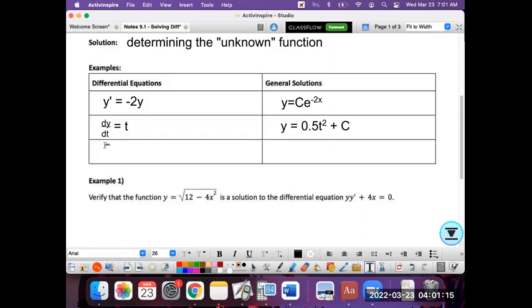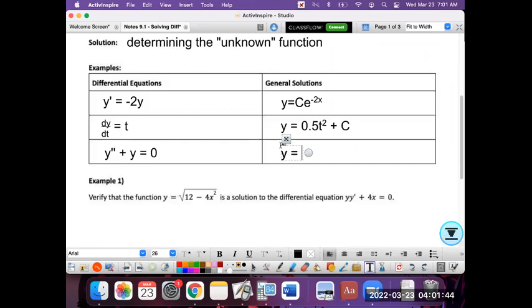All right, let's go with just one more example. So here's a differential equation, y double prime plus y equals 0. The general solution for that differential equation is y equals, and this general solution actually has two constants. I'm actually not going to use c.